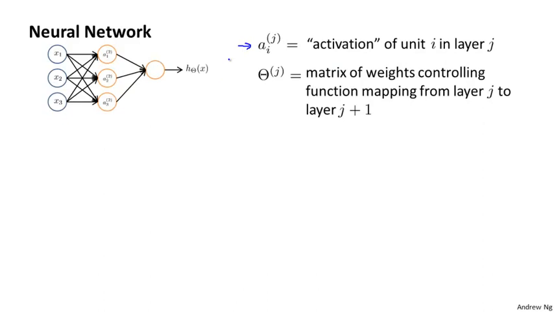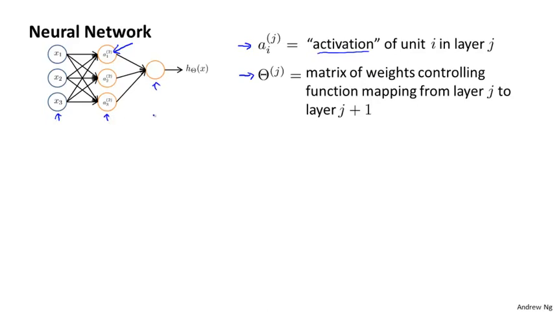So concretely, a superscript 2 subscript 1 is the activation of the first unit in layer 2, in our hidden layer. By activation, I just mean the value that is computed and output by a specific neuron. In addition, our neural network is parameterized by these matrices theta superscript j, where theta j is a matrix of weights controlling the function mapping from one layer, maybe the first layer to the second layer, or from the second layer to the third layer.